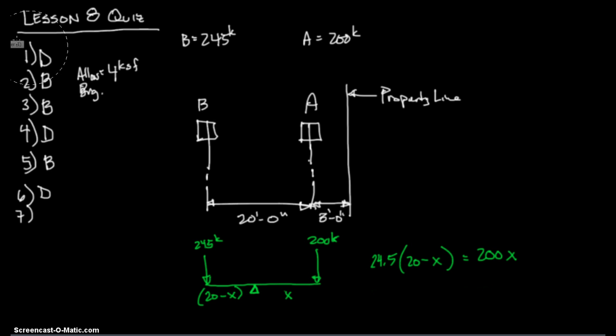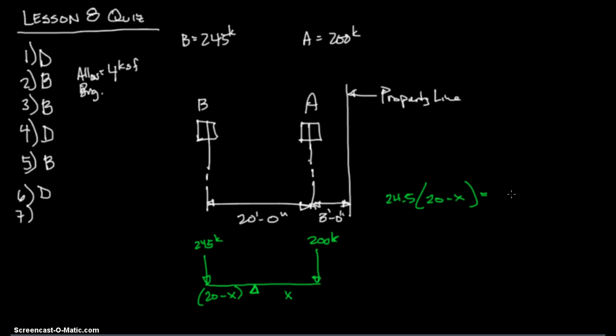Let's start over. So you're going to have that force, 4.5 times (20 minus x) distance. Yuck, that's gross. 20 minus x, there we go.